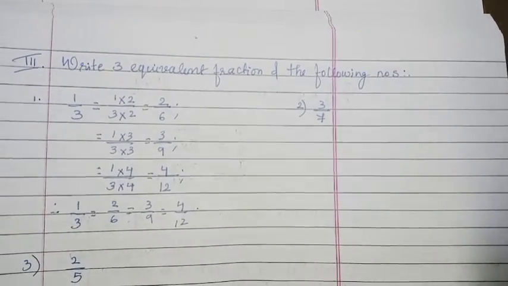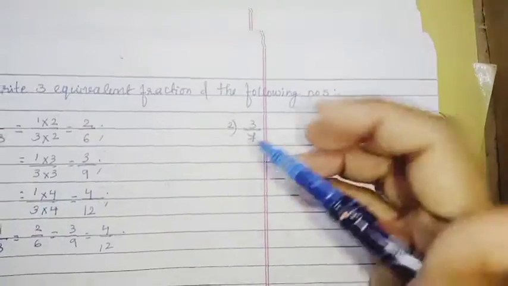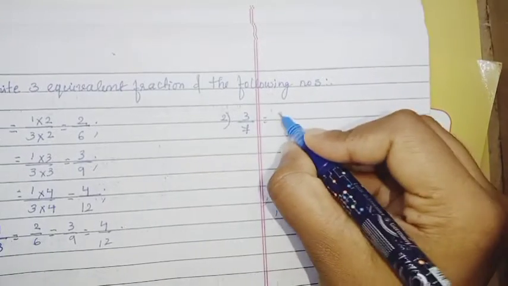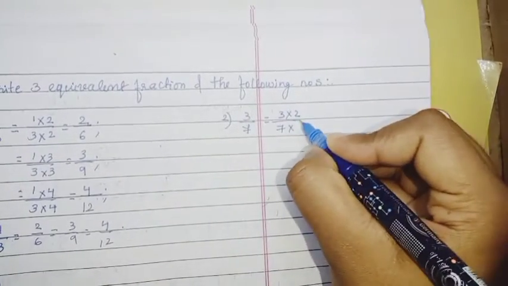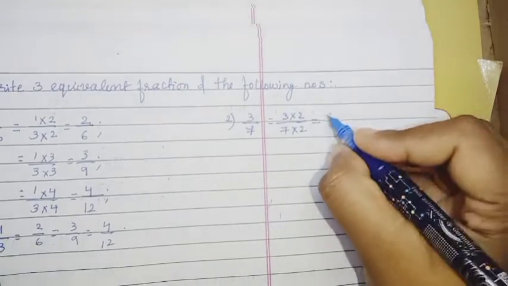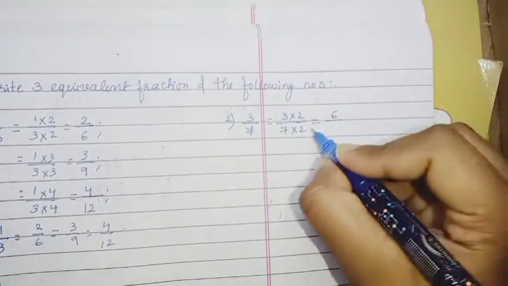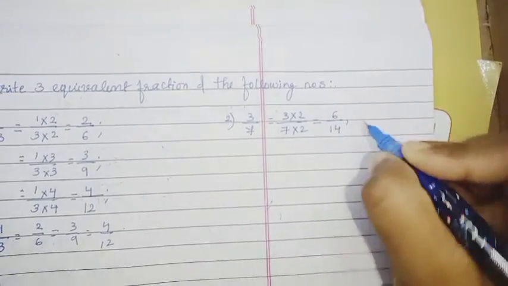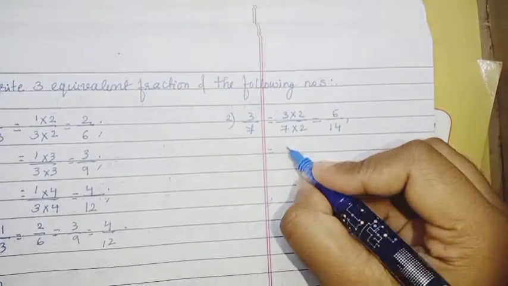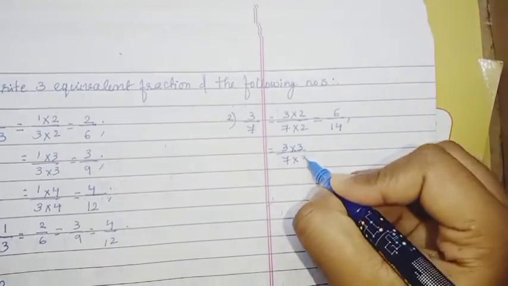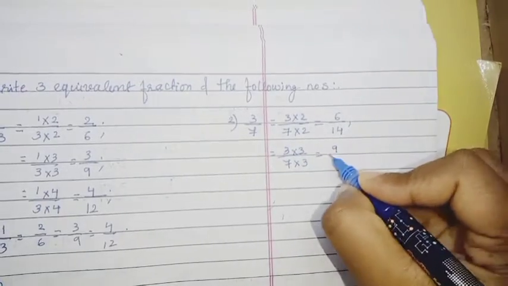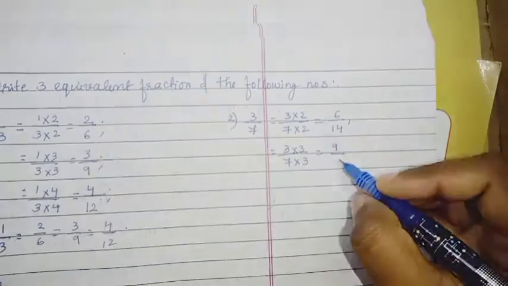Then the next one is 3 by 7. How to do that? Again the same thing, children. Multiply the numerator and denominator by the same number. 3 into 2 divided by 7 into 2. 3 2s are 6, 7 2s are 14. Next again, another one. I am multiplying it by 3. 3 3s are 9 by 7 3s are, what is 7 3s?